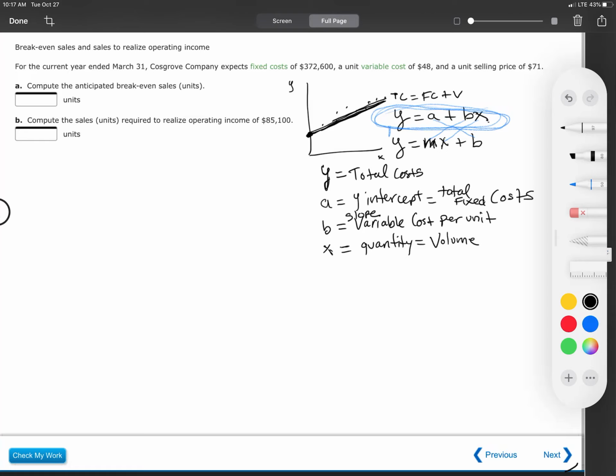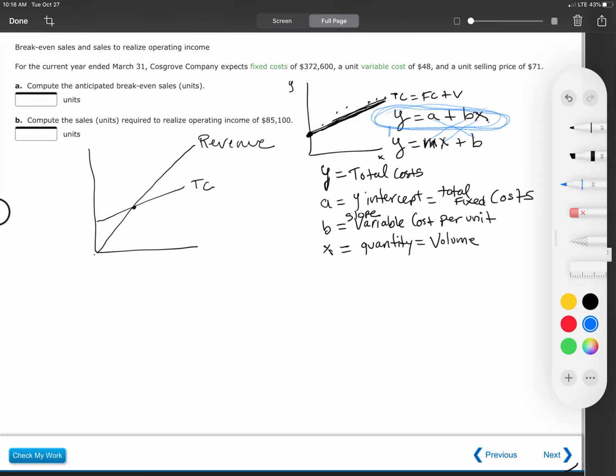Now, here's something else to review from a previous exercise. This curve right here would be the total cost curve, and this curve here would be called the revenue curve. And that point right there is the break-even point. So these are two straight lines. Over here, I've given you the formulas for the total cost curve.